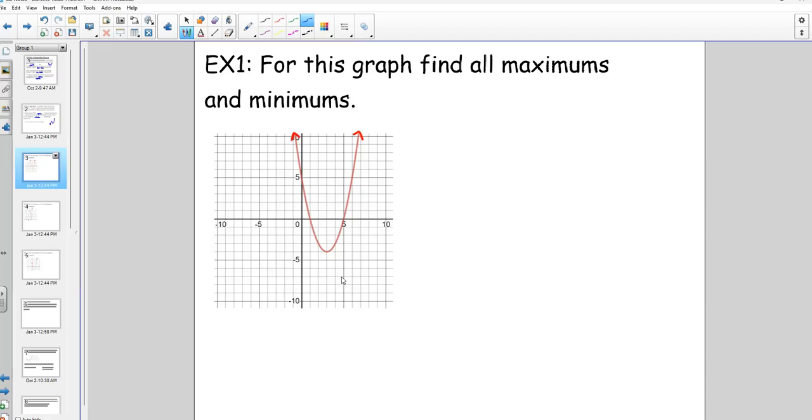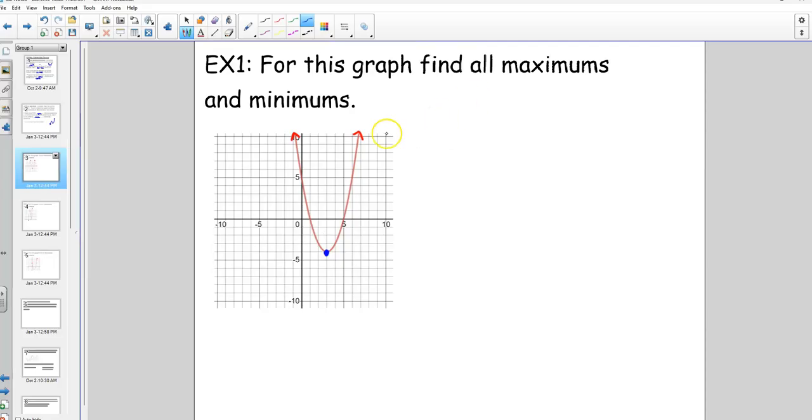Infinity would be like saying the speed limit is infinity, which means there is no speed limit. So we wouldn't say the maximum is infinity, we would just say there are no maximums for this. But there is a minimum. What type of minimum could I call that? Absolute. Technically also a relative, but let's go most specific, absolute, right?